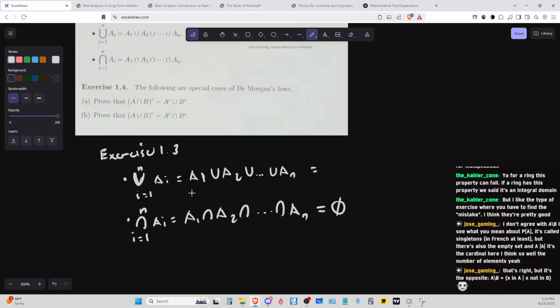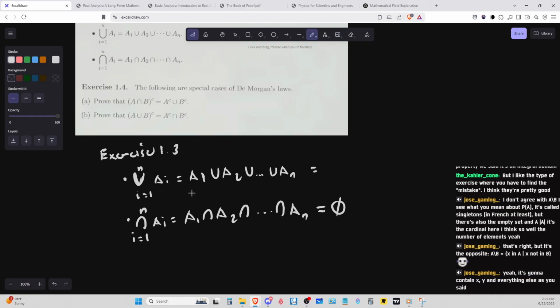In my head it doesn't seem like it is, because we have an element of each set, right, and they're all combined together to form this union. And if they all have different elements, then let's say X is in A1 and AN contains gamma, right? Then gamma is not in A1. So in my mind, it doesn't make sense if I just write A1, because it doesn't contain all the elements within the union.